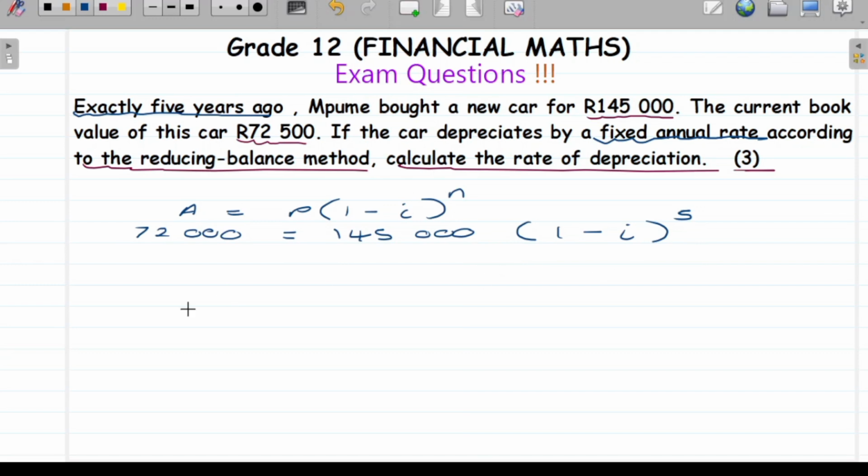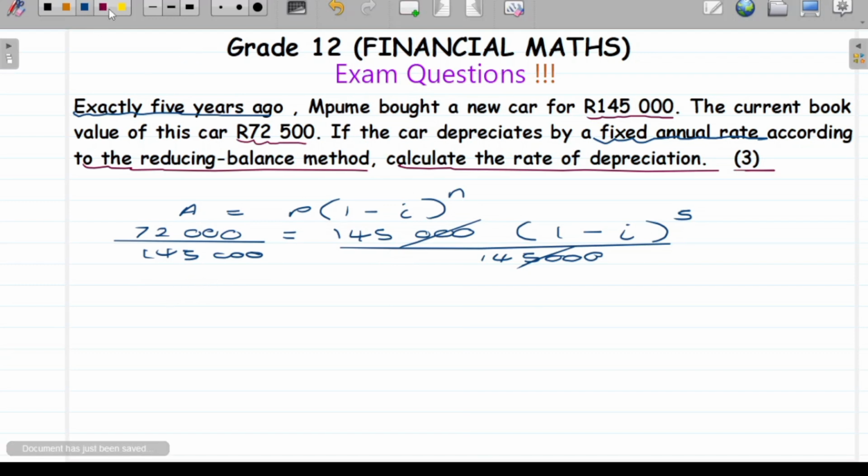How we do that is pretty simple. First of all, we divide both sides by 145,000 rand, so we do the same here. This part here will cancel, and what we're going to have left, allow me to write it this side now. I'm going to change the color.